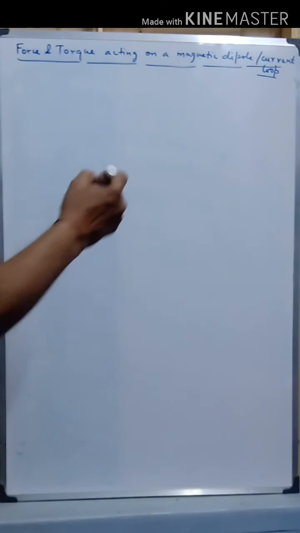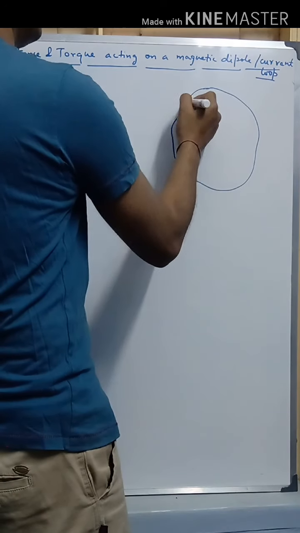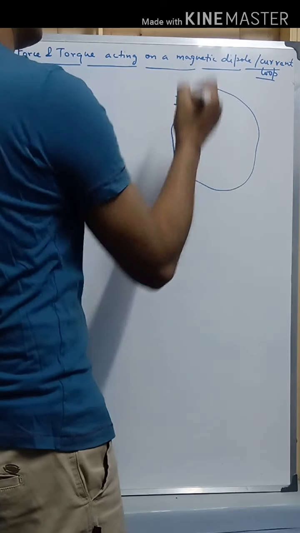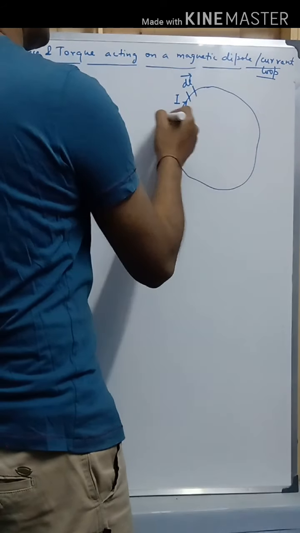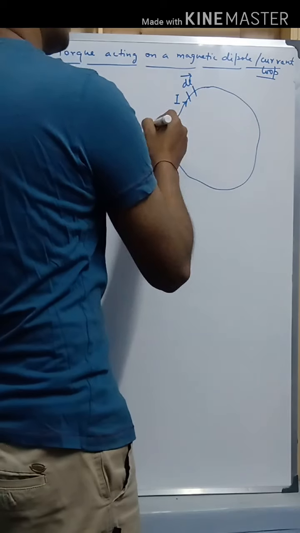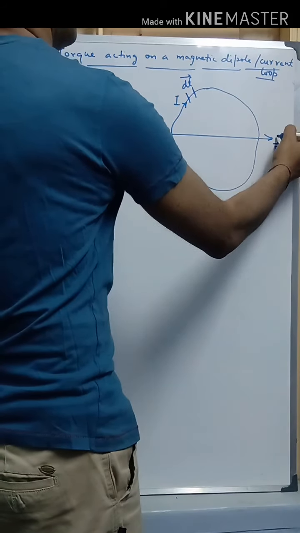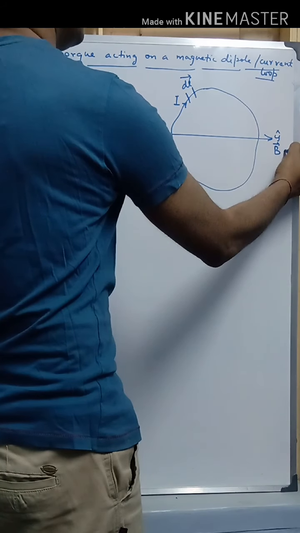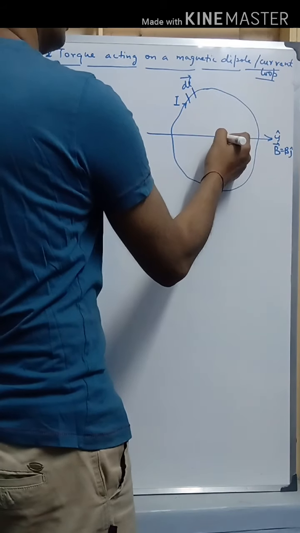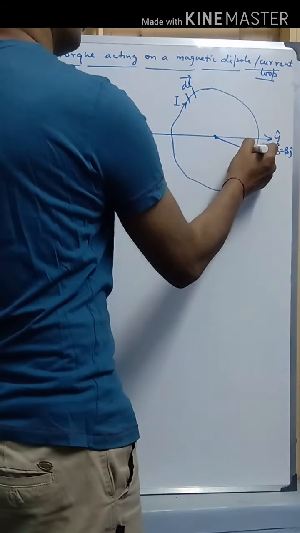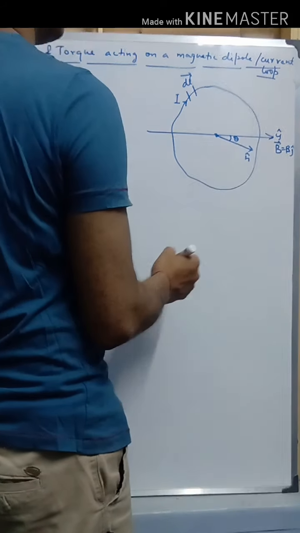Suppose we have a current carrying loop which can be of any arbitrary shape, with a current I flowing through it. We have an elementary length dl. It is placed in an external magnetic field, let's say B, pointed along the y-axis, so B is equal to B j cap, and the normal to this loop makes an angle theta with the direction of the field.